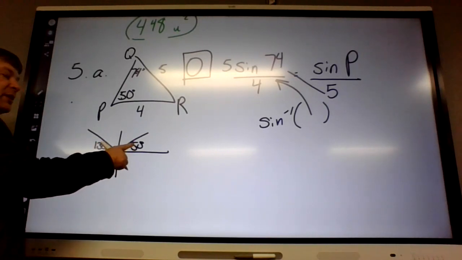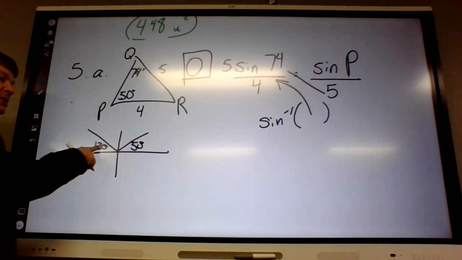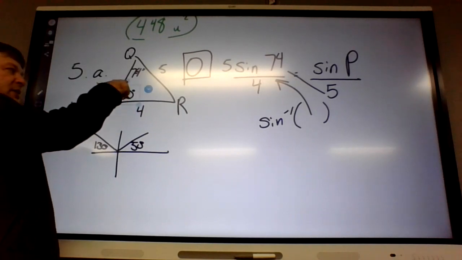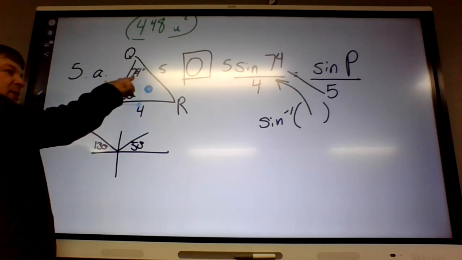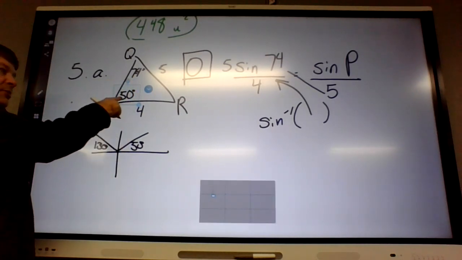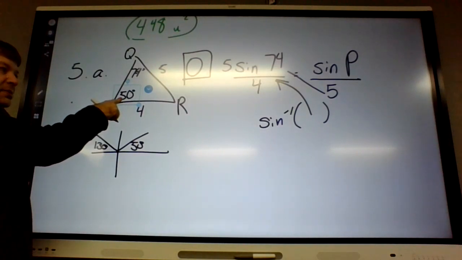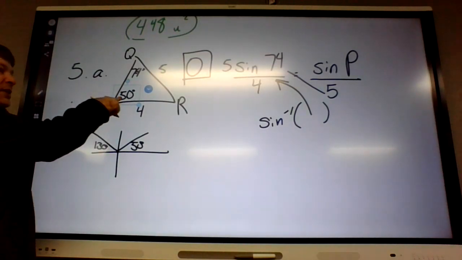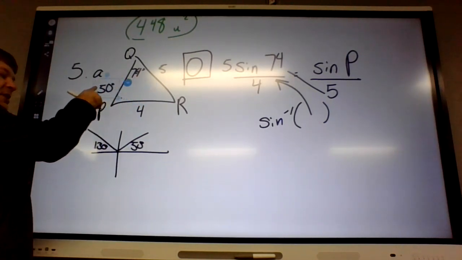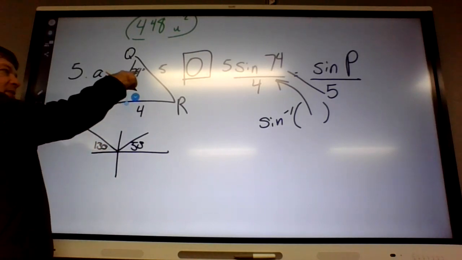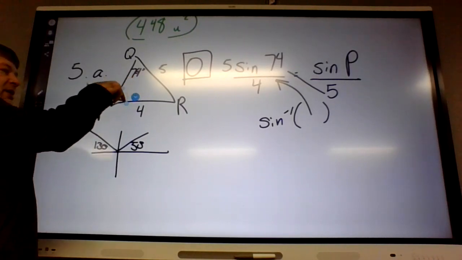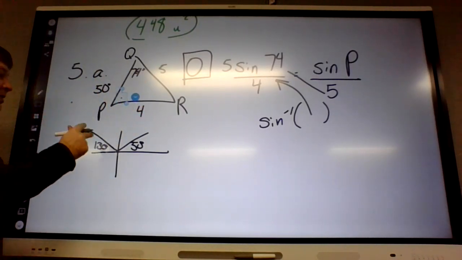If you use 50 as a reference angle, 180 minus 50 is 130. So this could be 130, except if these two add up to more than 180, that's not possible. So sometimes there's an obtuse angle that could work to replace the acute angle that we get. If these two are less than 180, then two triangles are possible. If they add up to more than 180, only one triangle is possible.